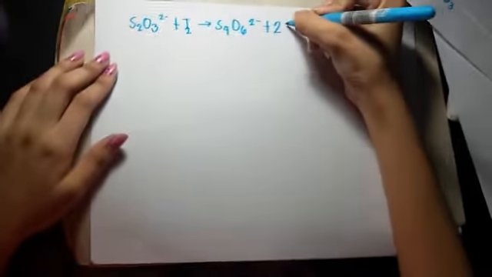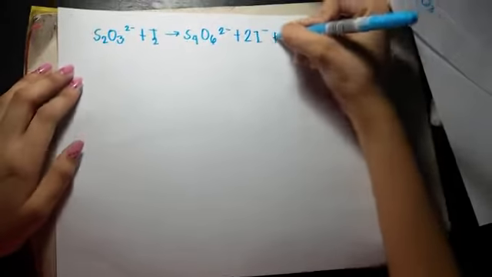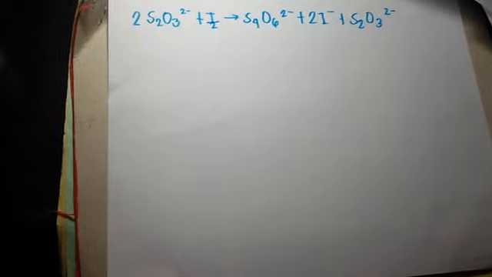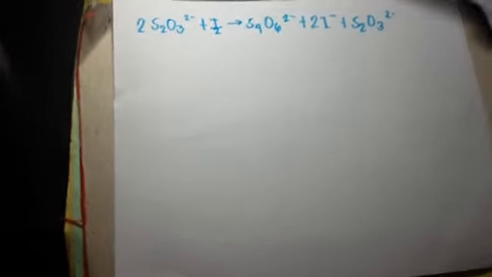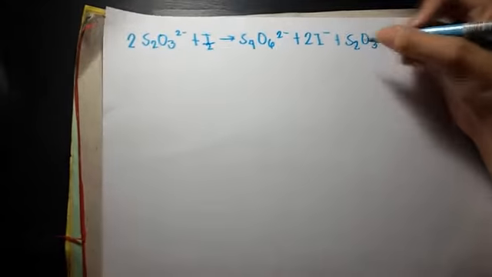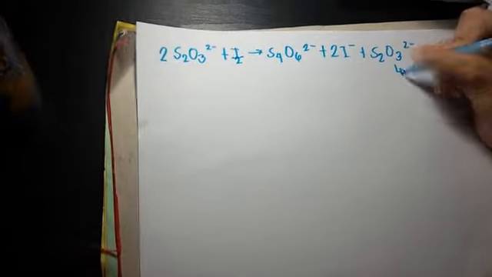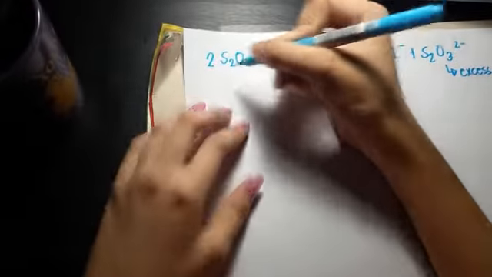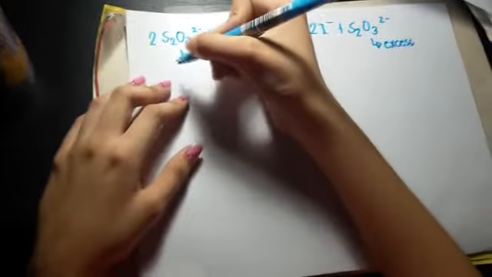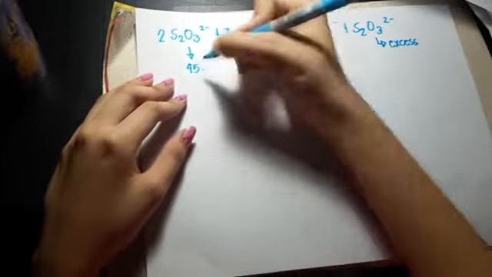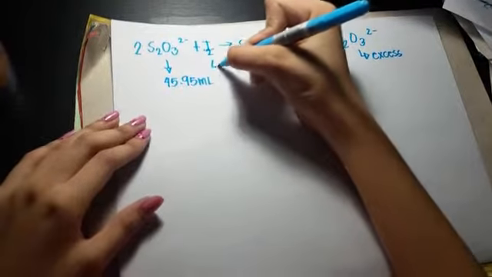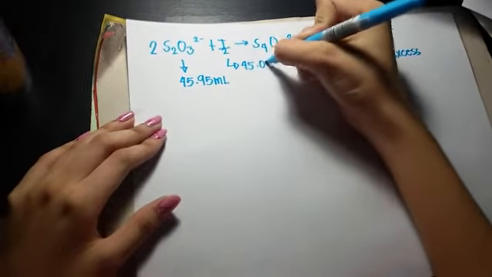S4O6 2 negative plus 2I negative plus S2O3 2 negative. And this S2O3 2 negative is the excess, and this weighs 45.95 ml, and this is 45.00 ml.